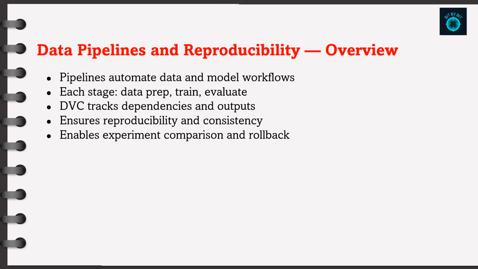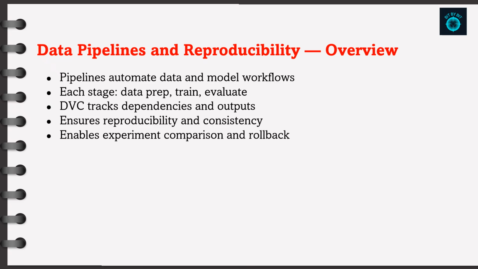With DVC, you define each step using a YAML file that specifies what script to run, which files are used, and what files are generated. DVC tracks the relationships between inputs and outputs. So if one file changes, for example, new data arrives, only the necessary stages are rerun automatically.